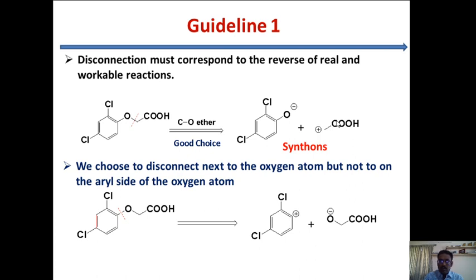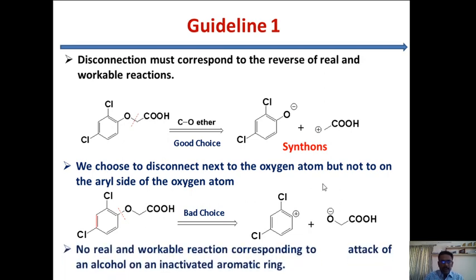We can find the synthetic equivalents for those synthons, but it is very difficult when you break the aryl-oxygen bond. That means you will have a cation on the aromatic ring and an anion on oxygen. This is not a problem, but this is a problem. You cannot have a nucleophilic attack of an alcohol.